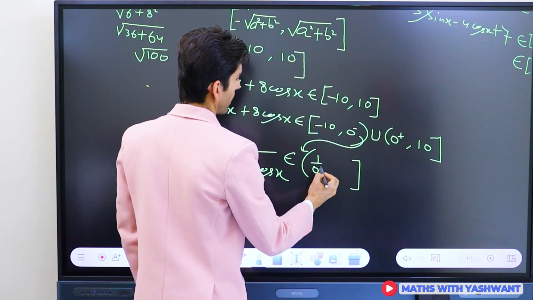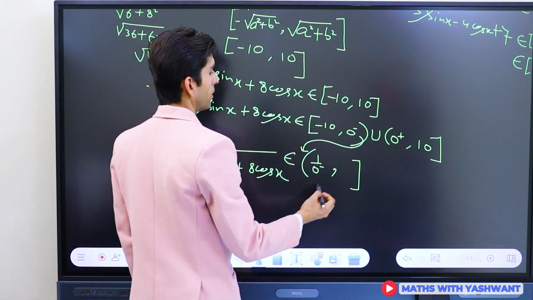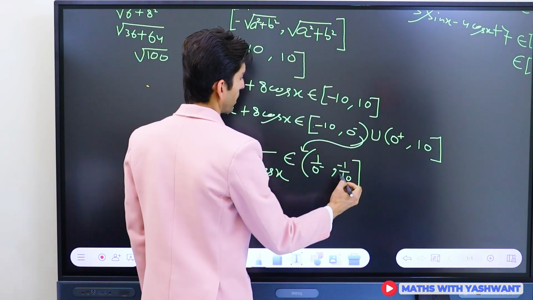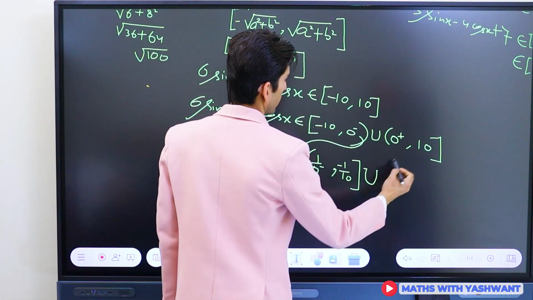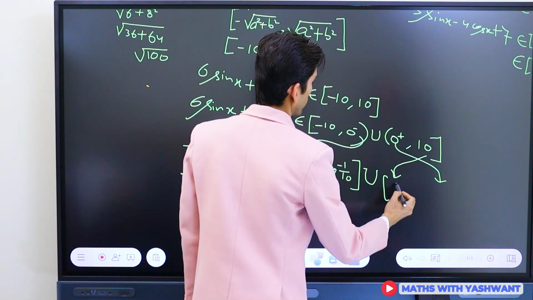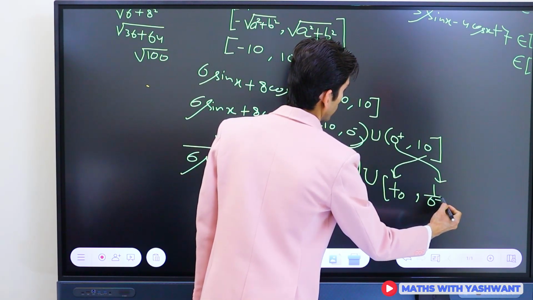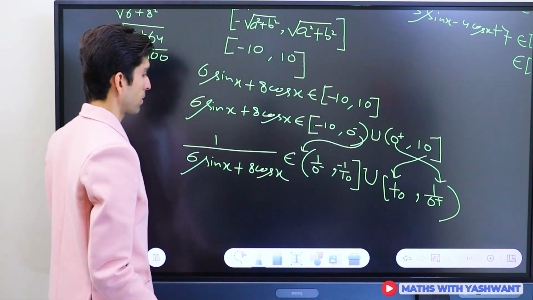So 1 upon 0 negative, the right hand boundary point will become the left hand boundary point after reciprocal. Same for negative 10, we have negative 1 by 10, and then union. Again we do the reciprocal, we have 1 by 10 and 1 upon 0 positive.